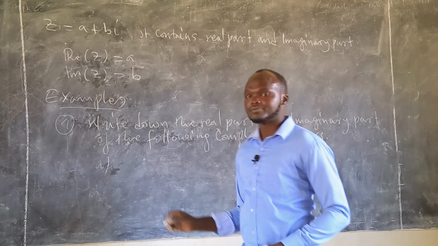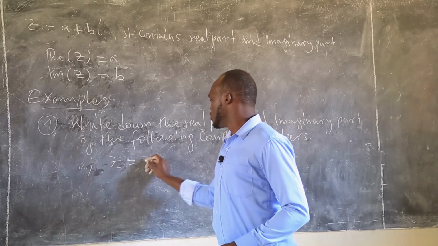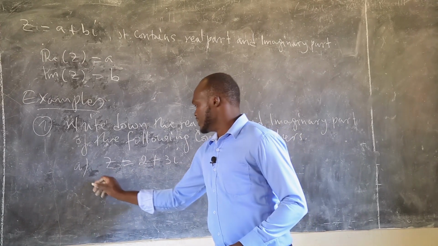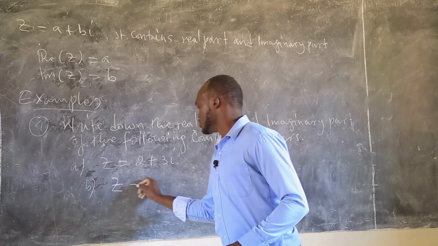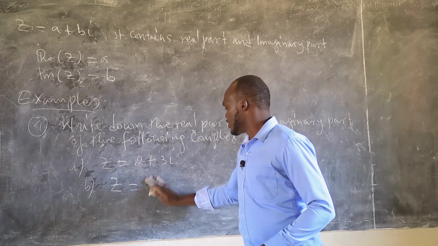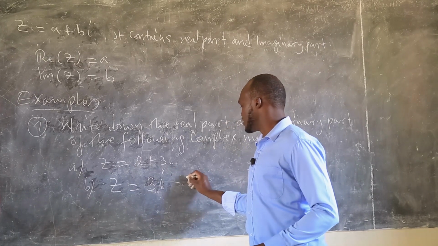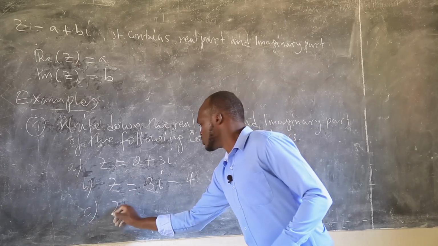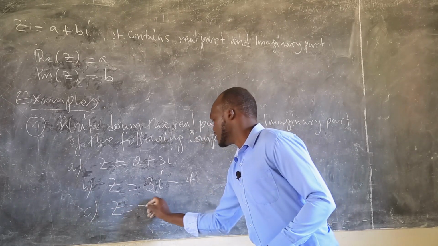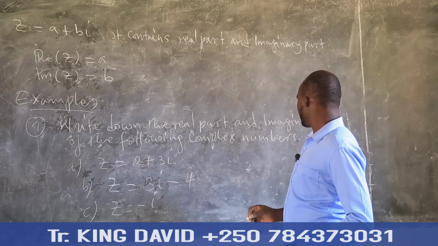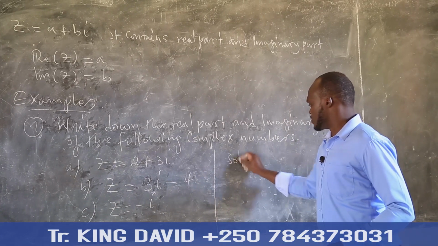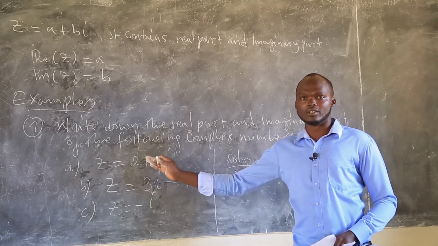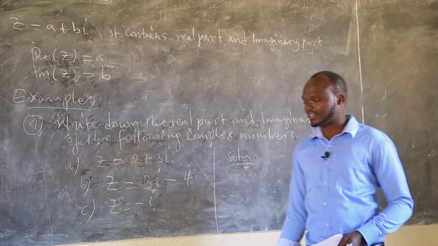A, z equal to 2 plus 3i. B, z equal to 3i minus 4. C, z equal to negative i. So let us try to write down the real part and the imaginary part of the following complex numbers.